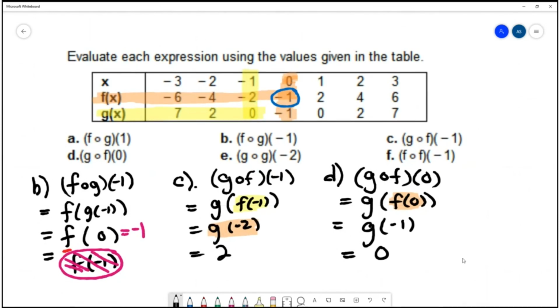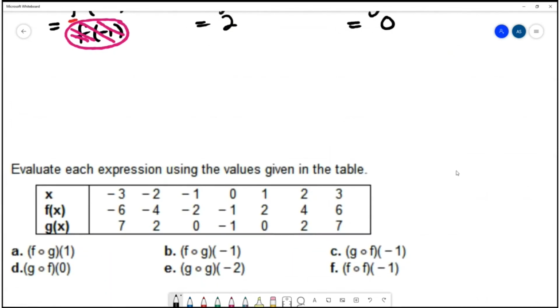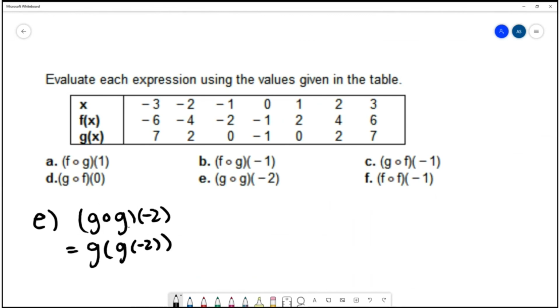Here we have a couple more. Part E, g composed with g of -2. This is g of g of -2.